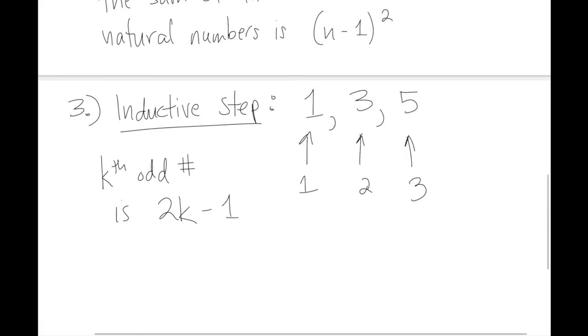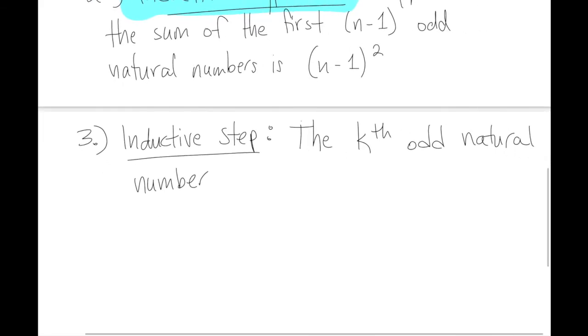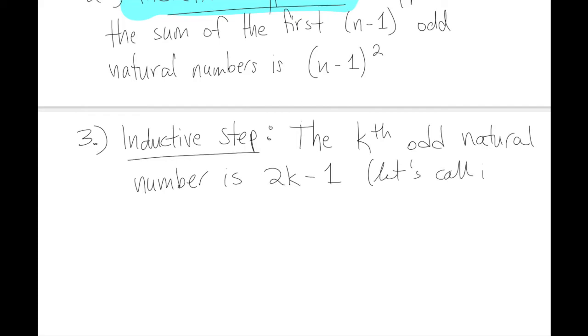Okay, see if you can convince yourself of that using this pattern here. But what we're going to do is we're going to say that the kth odd natural number is 2k minus 1. And let's call it O sub k. Okay, that's the letter O, not the number 0.